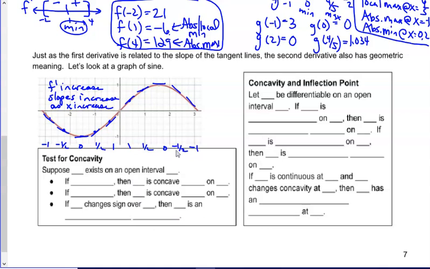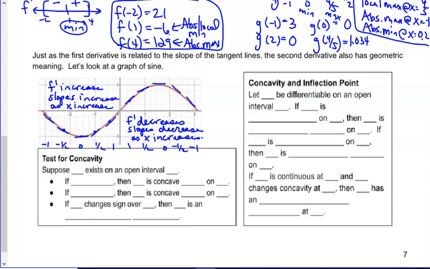Well, if we look at this situation, our slopes are now decreasing. So here, f prime decreases, which means that the slopes decrease as x increases. Okay? So, this is an idea of what we refer to as concavity.